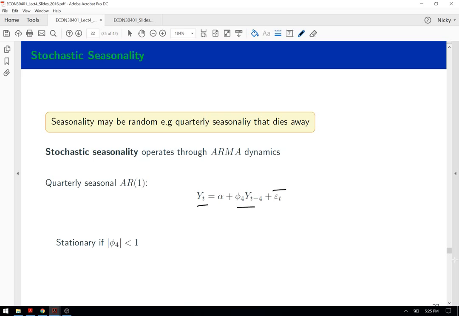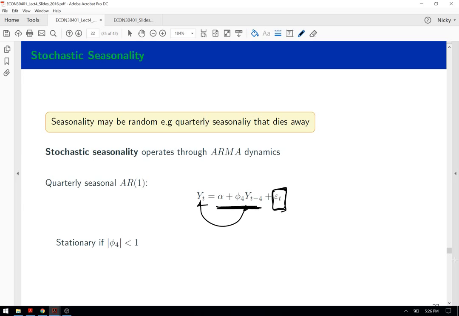Then we would say all the rest of the variation comes from economic or other random factors. We may think seasonality is driven just by this part here, that Y_t depends upon Y_t minus 4, and the rest is variation from economic factors or shocks and so on.